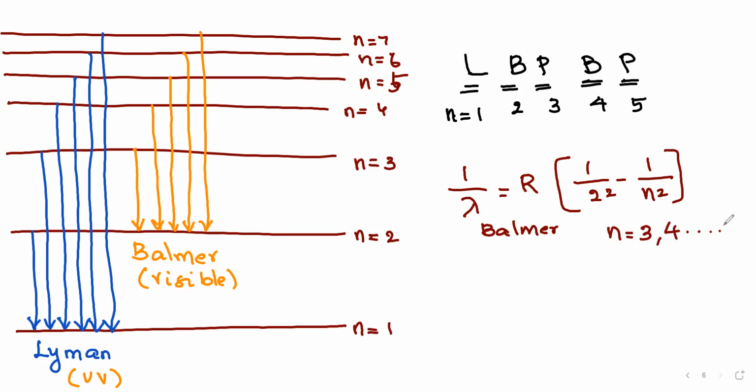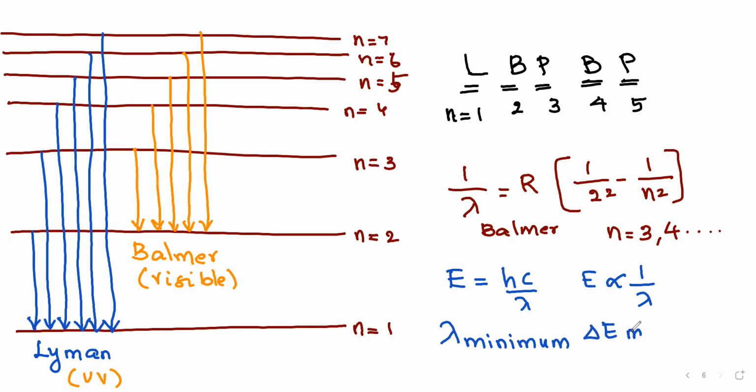Now, they will ask you which is the maximum wavelength and the minimum wavelength. So always remember E is equal to hc divided by lambda, and E is inversely proportional to wavelength. So if you want lambda as minimum wavelength, then delta E should be maximum.